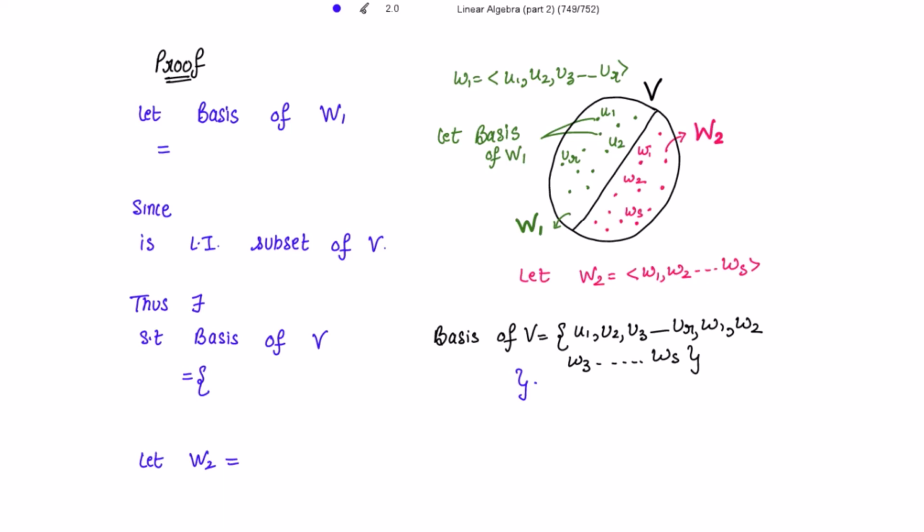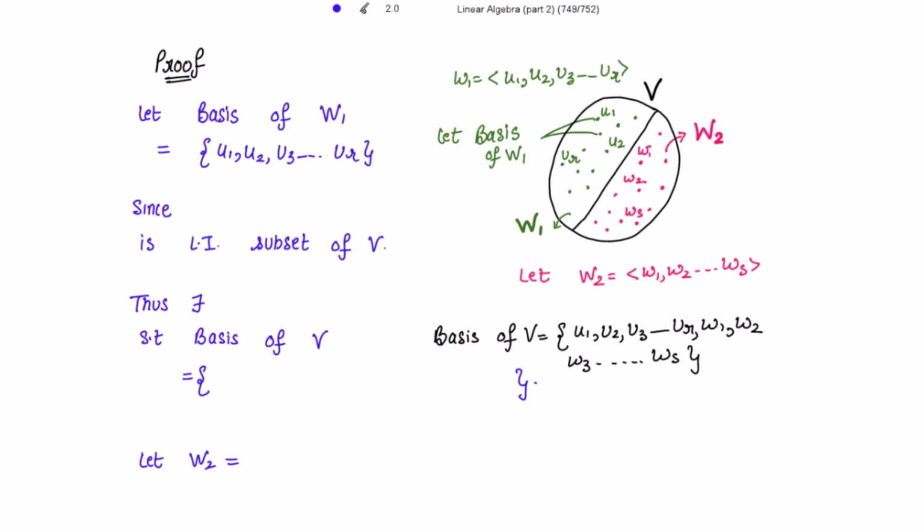Let the basis of W1 be, as we have supposed, U1, U2 up to UR. So let's write the basis for W1 is U1, U2, U3 up to UR.